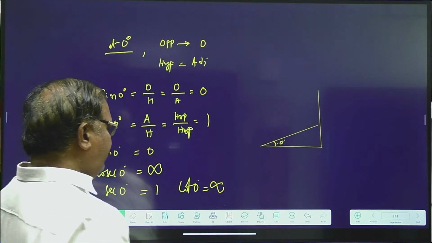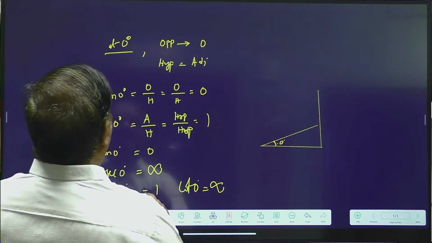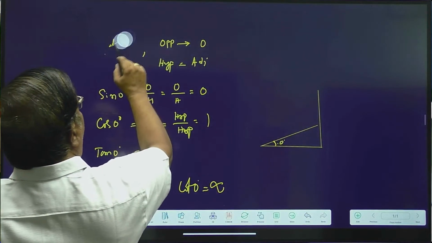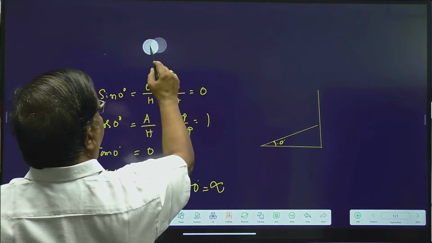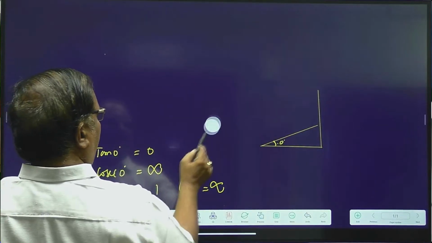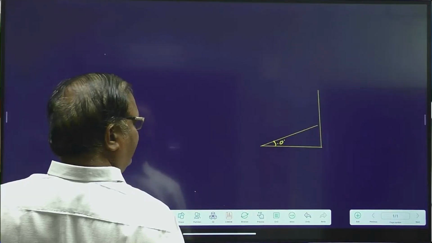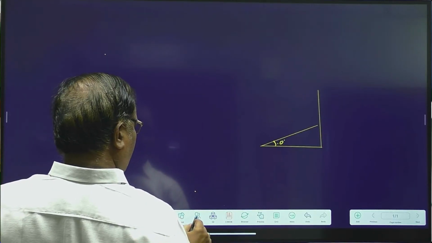And the same way you have to do it for 90 degrees also. Okay, 90 degrees. So at 90 degrees, what happens? I will use the same figure.